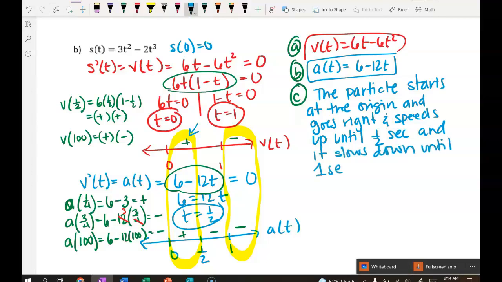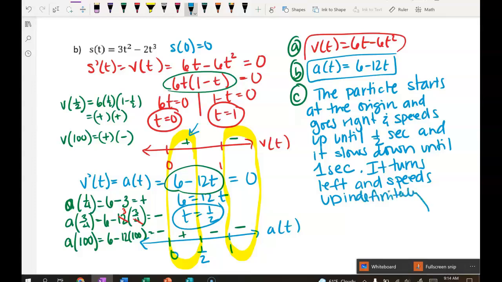Remember, it's still going right. Now at 1 second, it's when it turns left, and it speeds up indefinitely. Okay, and that's what you've got to do.